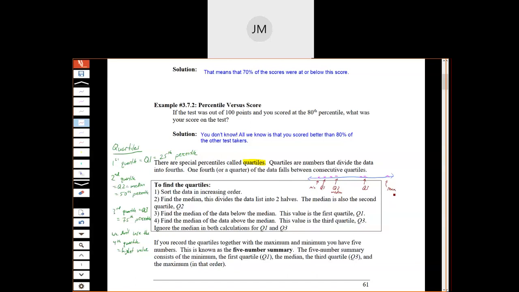Remember, the idea here is to describe bigger data sets. But this is what the 5-number summary looks like visually. I can just take the min, the quartiles, and the max, and that gives me an idea for what the whole data set looks like, or how spread out it is.